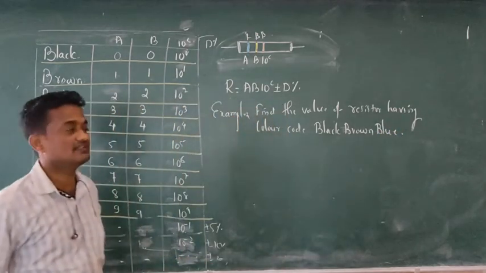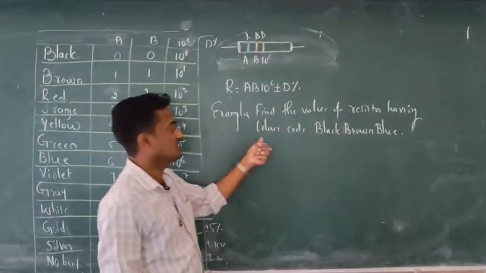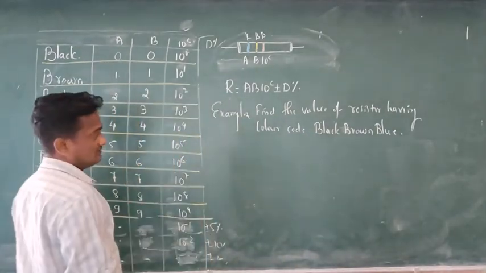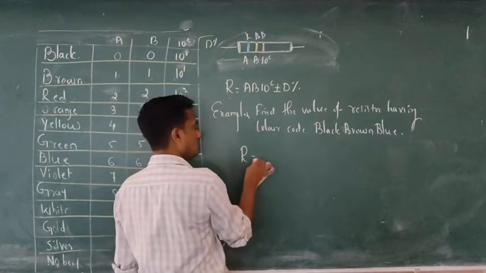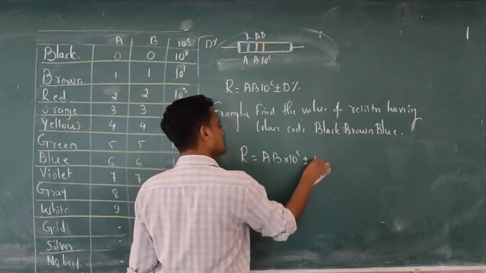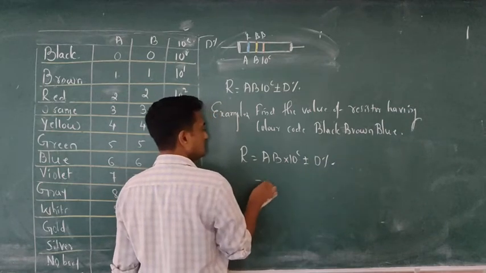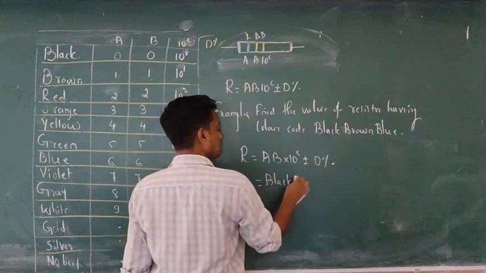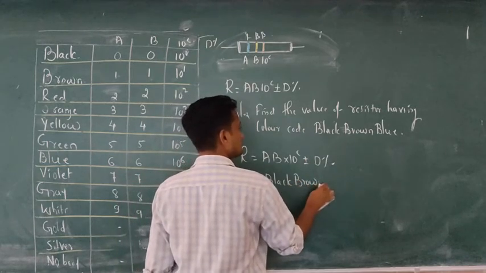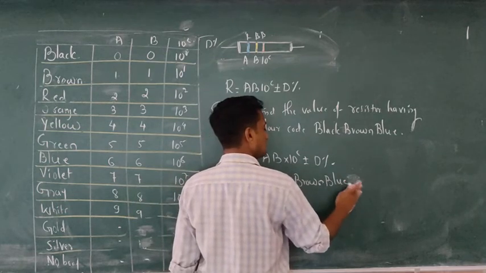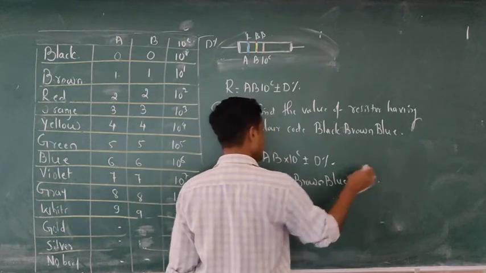You have to find the value of the resistor having the color code black, brown, blue. Then R equal to AB into 10 to the power C, plus or minus D%. A is black, B is brown, C is blue, into 10 to the power, plus or minus D%.